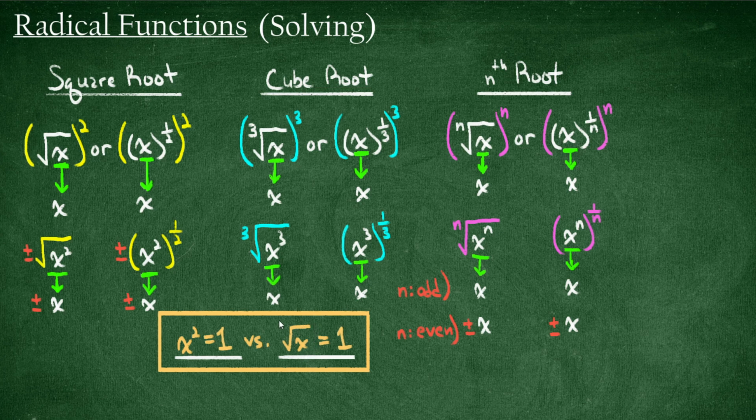Now, again, the square root of x, in order for it to be a function anyways, does not allow for those complex numbers. So we try to stick only to the real numbers. So that's another reason why this is not plus or minus. This just gives you the plus version. However, if you started with the x squared, you do get the plus or minus.